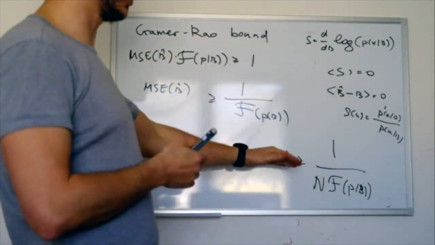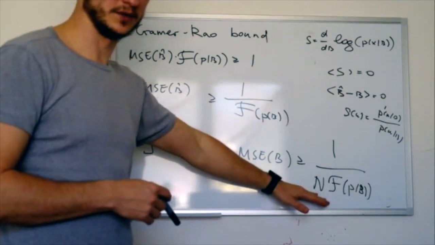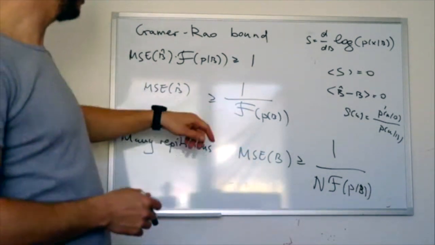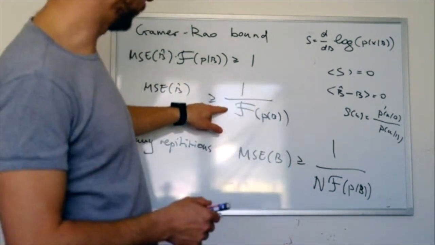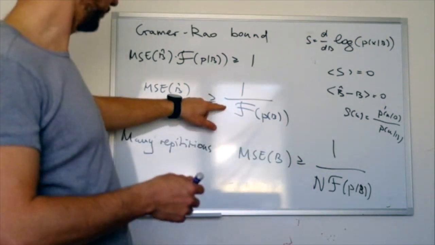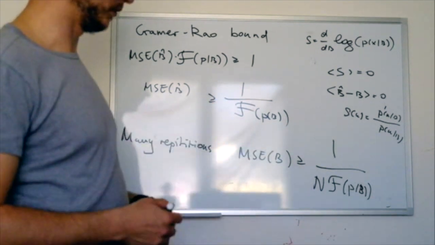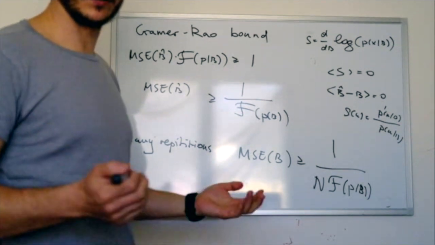You can do the same expansion with derivatives and get the same formula. So the Cramér-Rao bound is a lower bound on the error, but what we showed is that if n goes large, it's also attainable. So that's the two things you should know about it for the future.